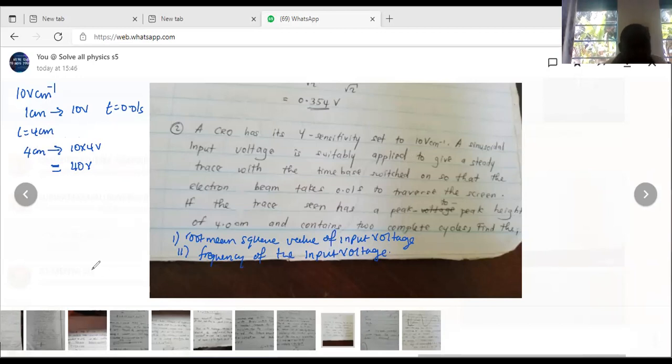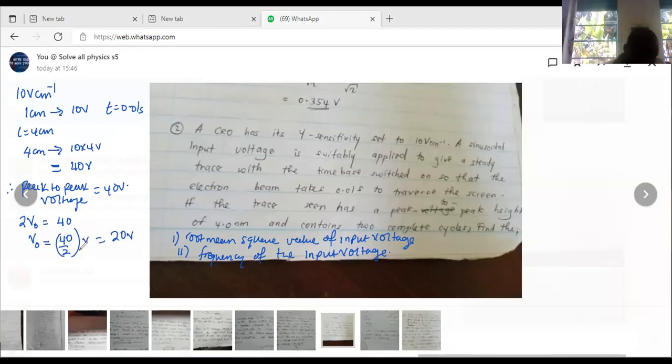So the true peak-to-peak voltage is 40 volts. Remember peak-to-peak voltage is 2 V naught, which is now equal to 40. Therefore, the peak voltage is 40 divided by 2 volts, and this is actually 20 volts.